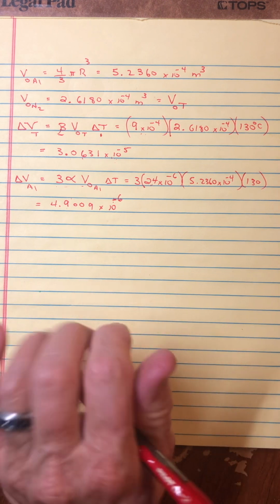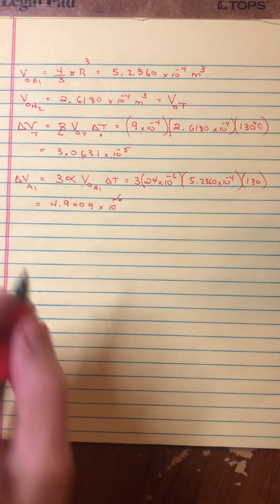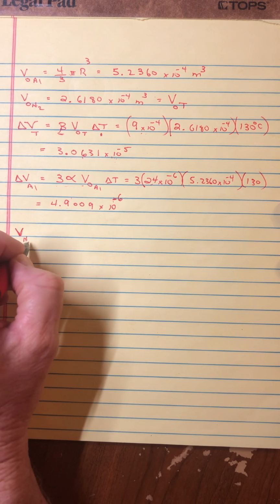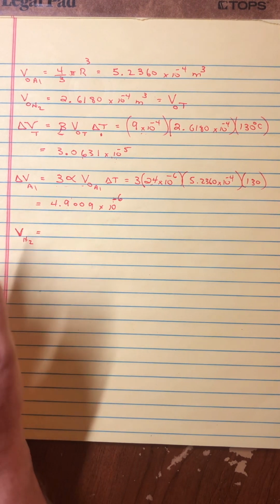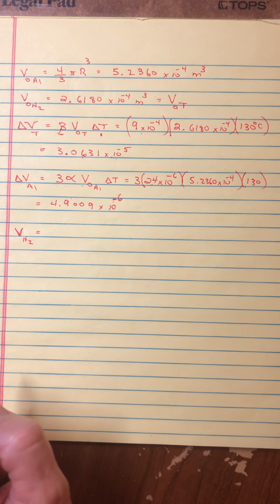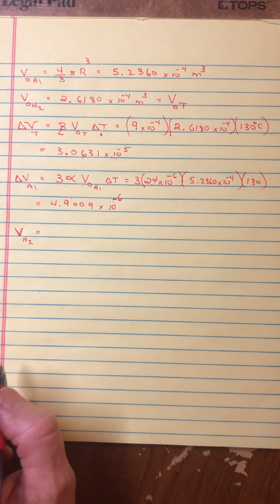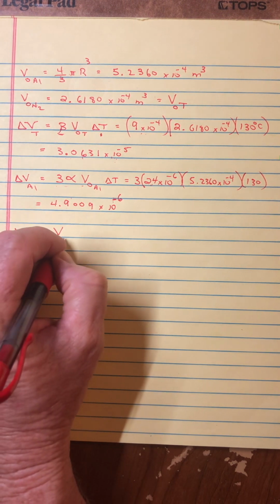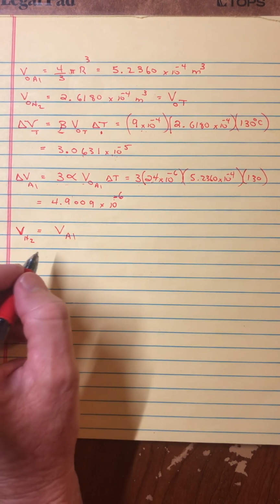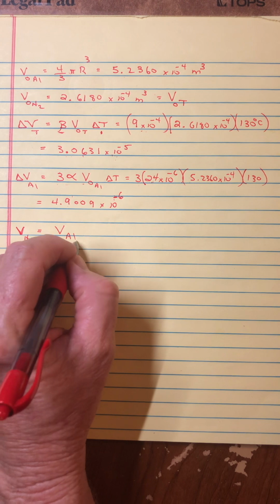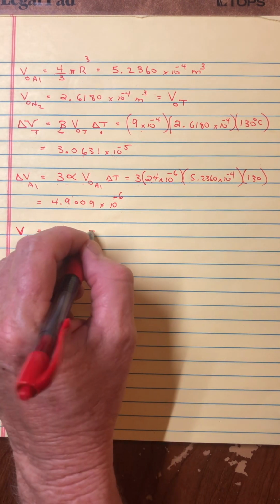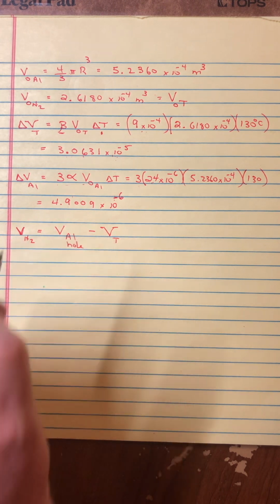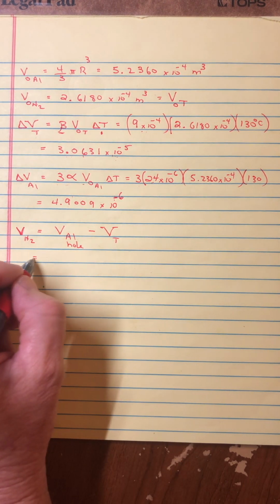All right. Now, again, keep in mind what I want to know. What I want to know is the volume of the nitrogen after it warmed up. So what I'll need to do is take the volume of the chamber, which I'll call the volume of the aluminum or the hole that is made by the aluminum, and subtract off the volume of the turpentine.